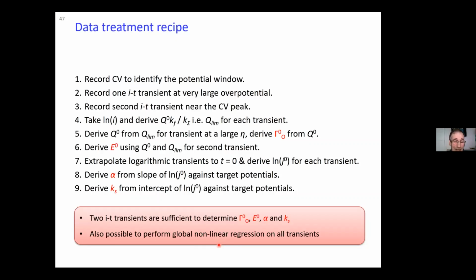It's analysis of potential steps as opposed to analysis of potential sweeps, but we can investigate faster electron transfer processes by looking at the current transients than by looking at the voltammograms.